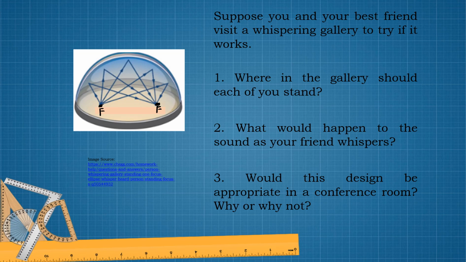Where in the gallery should each of you stand? So you already know that you need to stand at the foci or at the focus of the ellipse. What would happen to the sound as your friend whispers? So kapag bumulong yung kaibigan mo at nakalocate kayo or nandoon kayo sa mismong position ng focus or ng foci, ibig sabihin nun, maririnig nyo yung pagbulong ng bawat isa.